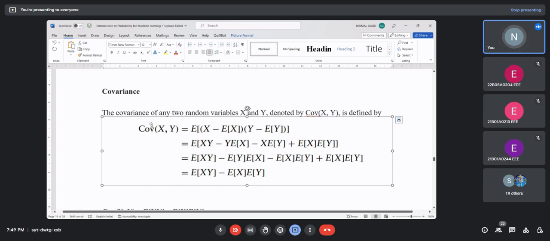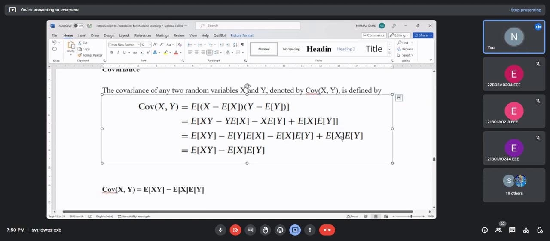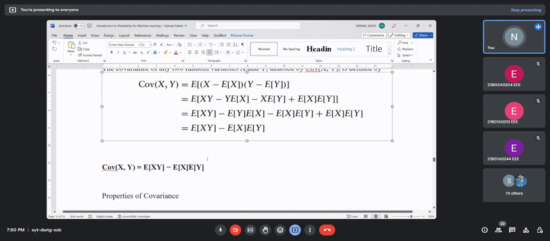Further you can multiply them out: x into y, x into ey, and so on. After multiplying and solving this equation, the result finally is exy minus ex into ey.